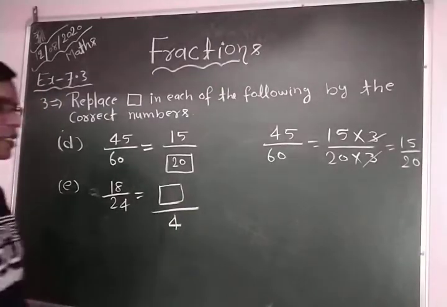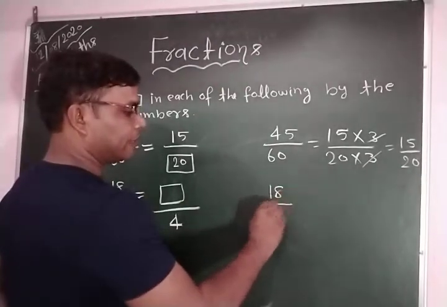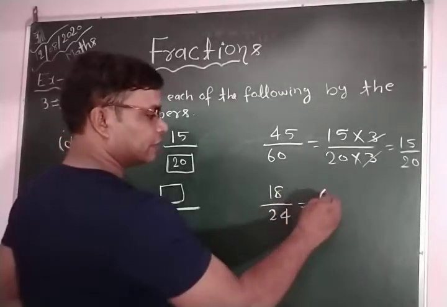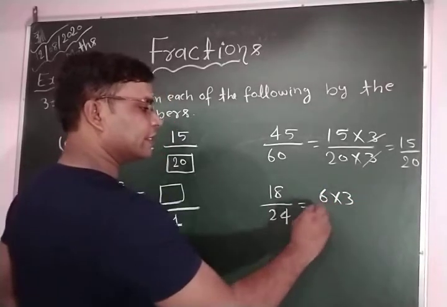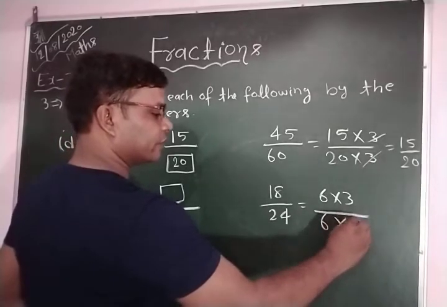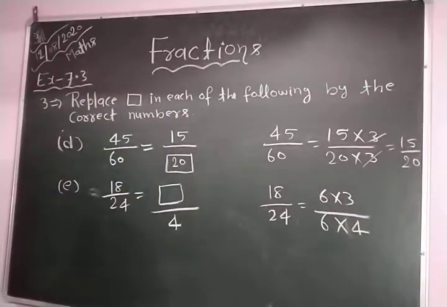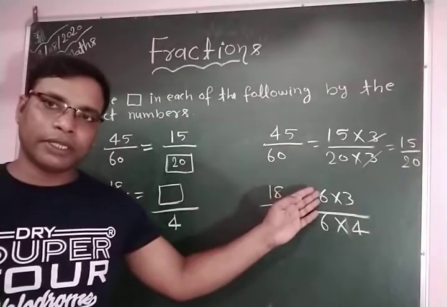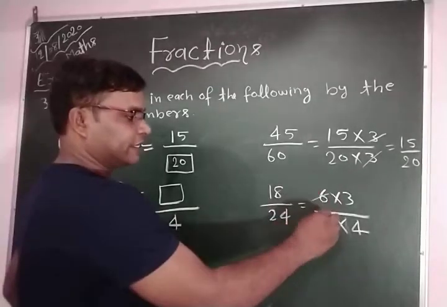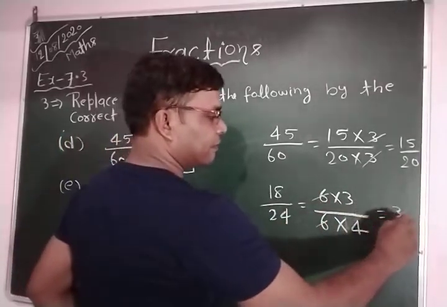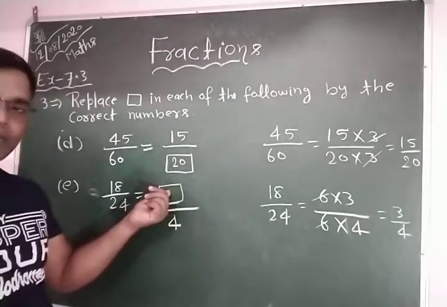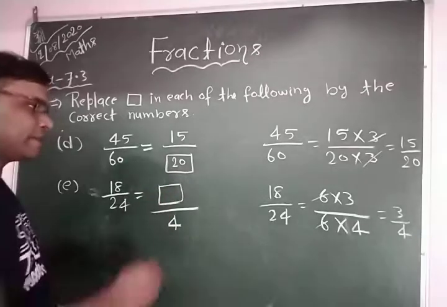Here 18 is 6 into 3 and 24 is 6 into 4. You can see the numerator and denominator have 6 as a common number, so you can cancel it. You have 3 by 4. So the blank is filled with 3.